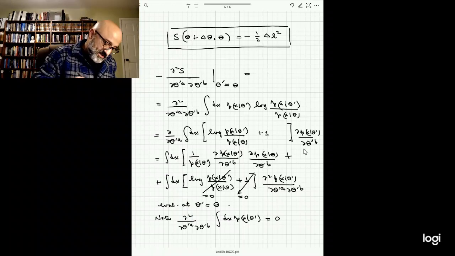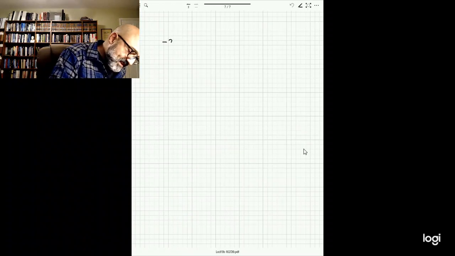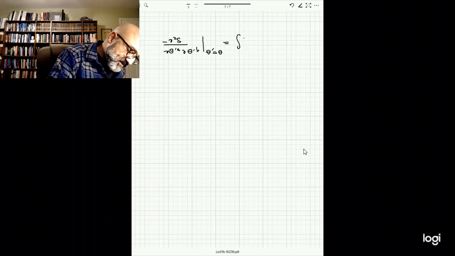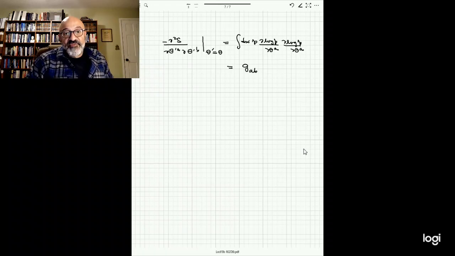So the conclusion is that the derivative with respect to the first argument, second derivative with a minus sign, evaluated at the max is equal to the expectation of the derivative of log p theta, derivative log p d theta, which is exactly what we had before.